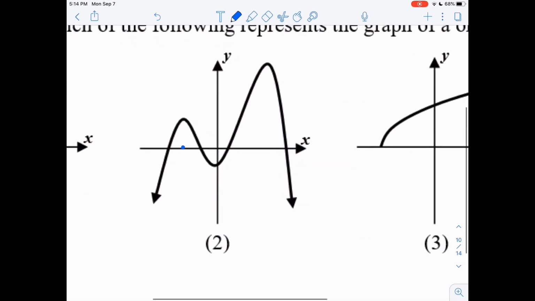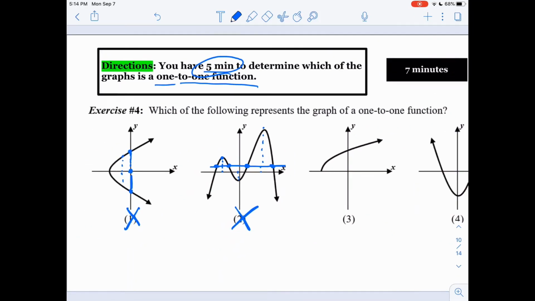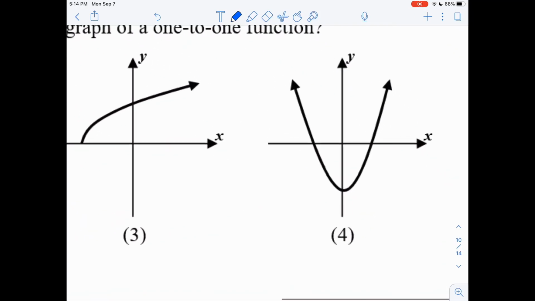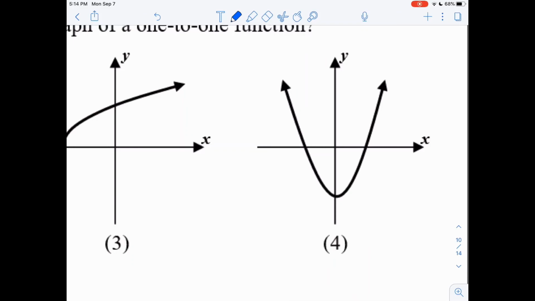This graph is a function, but it is not one-to-one because some of my y's repeat. Graph 4 is a function, but it is not one-to-one because some of my y values repeat.